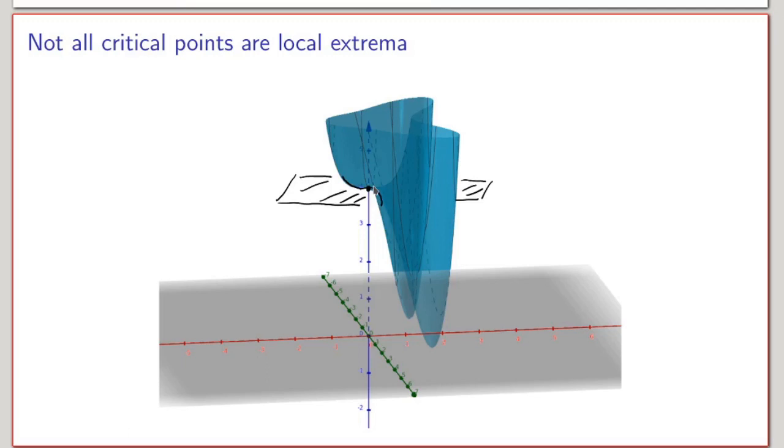Another example of such a point is if you look at two mountains and you look at a mountain pass between them. So, beautiful picture here. I have two mountains and I have a hiker here who is going to the pass. So along the curve that the hiker is following, the pass looks like a local maximum because he's going up and then going down the other side.